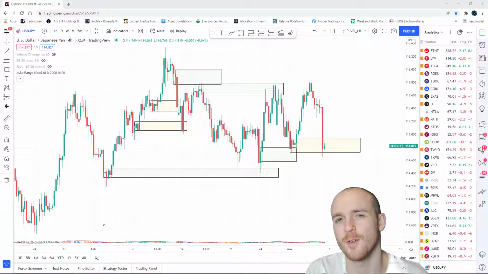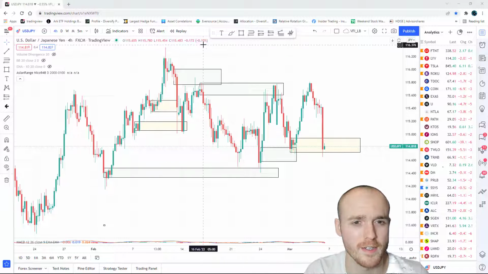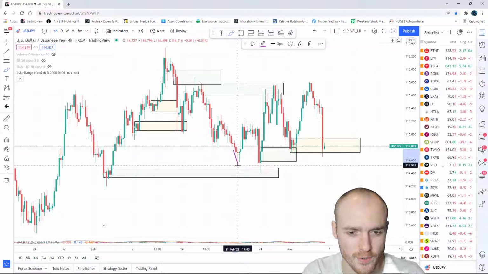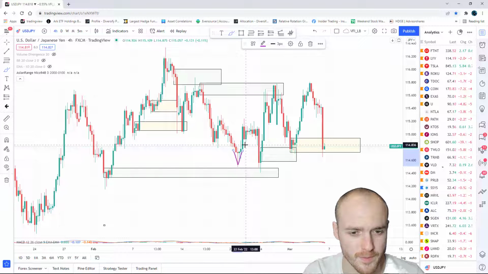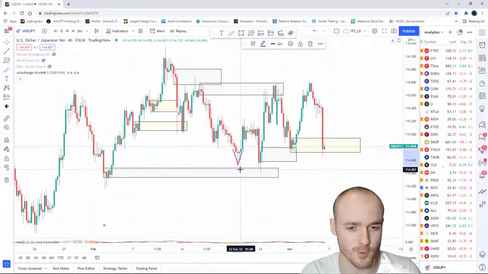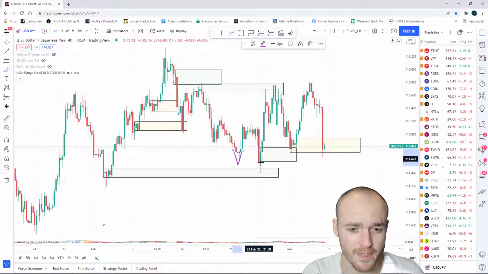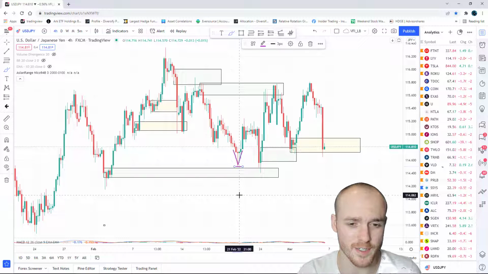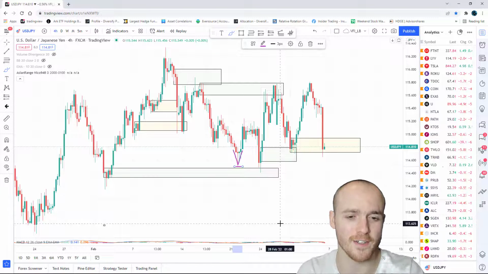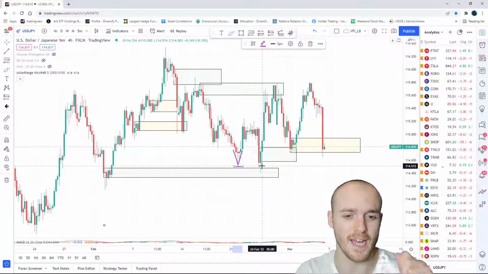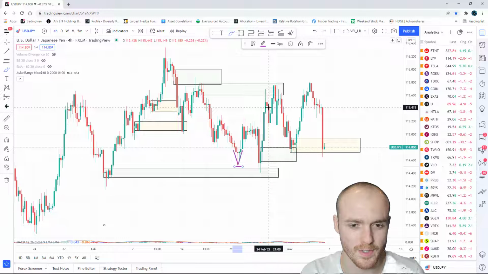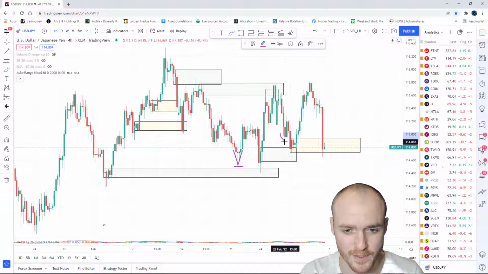Alright, so in the case of the order blocks that worked, each and every single time price went almost to the order block, did not quite reach the order block, came up a bit, and then it broke that level that was created just shy of reaching the order block, and then it swept into the order block and rebounded.